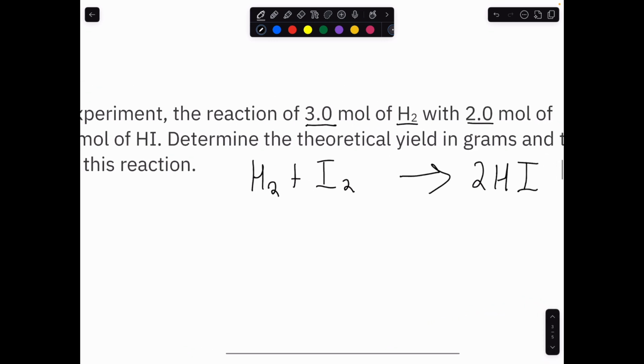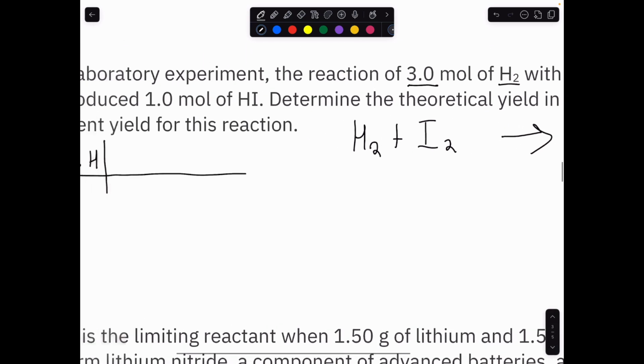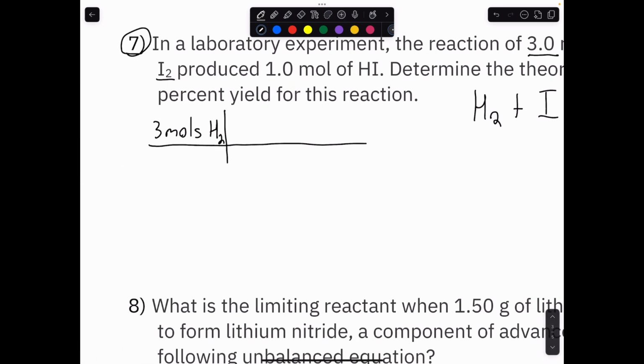of H2, we're going to do the following equation, which is for every, I forgot the 2, sorry, my bad.